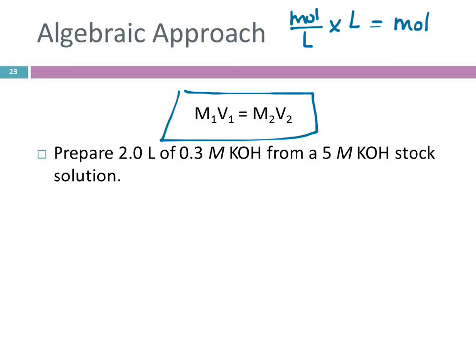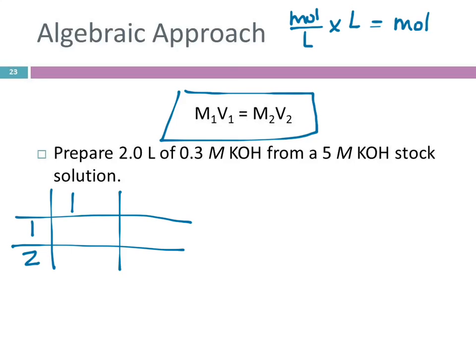So we're going to do the same problem here. This requires that we identify what's M1, what's V1, what's M2, what's V2, what are we looking for? So one approach to this is to make a little table. We're going to have 1s and 2s, and capital M's and capital V's. It does not matter which solution you call 1 and which solution you call 2.